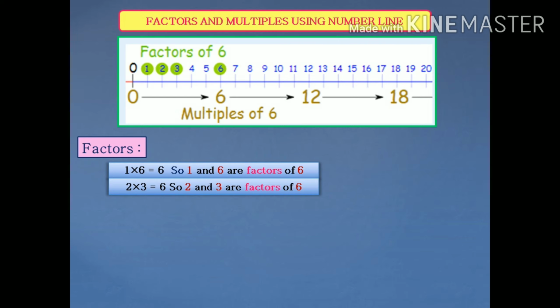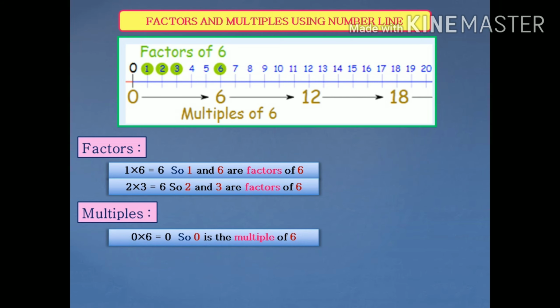On the number line, all the factors of 6 are marked in green color. We can see that all the factors are either smaller than or equal to the given number. That is, 1, 2, 3 are smaller factors than the number, and 6 is equal to the given number.